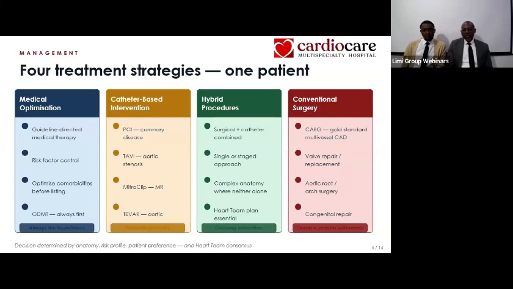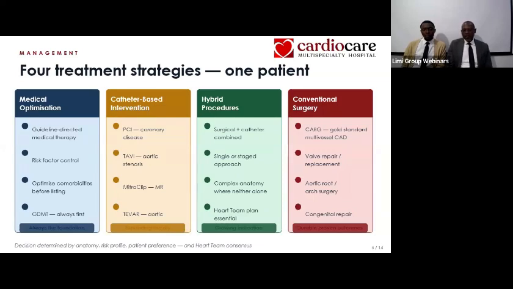Patients who have mitral regurgitation and cannot have a proper surgical procedure can get a mitral clip. And then TEVAR is the stent equivalent of the coronary artery in the aorta. So you have patients who have aortic problems like aneurysms or dissections, we can stent them rather than giving them open surgery.